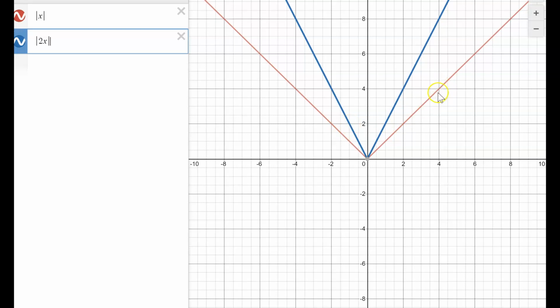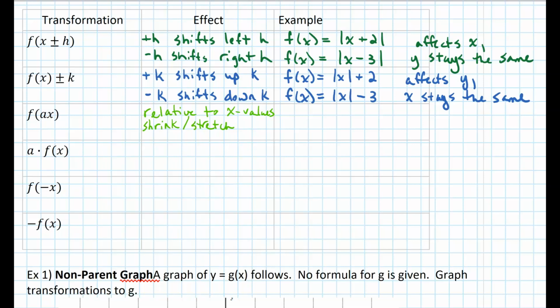Same thing over here. x equals 4 at this point, multiplied by 1/2 makes x equal 2. y didn't change. So that's the effect when we're multiplying on the inside. So what we want to keep in mind is we have a reciprocal relationship.